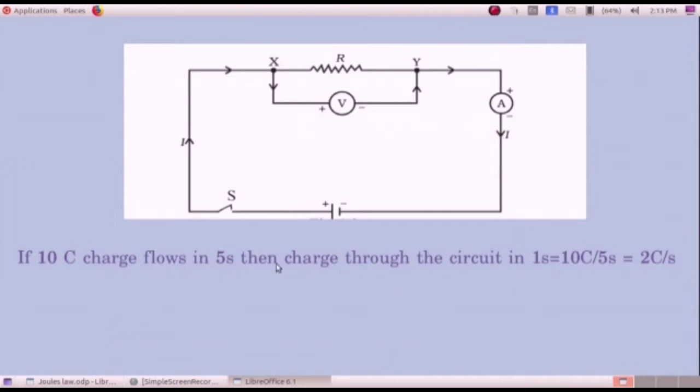Then the charge through the circuit in 1 second can be calculated by dividing 10 coulomb by 5 seconds, total charge by total time. We get the charge flowing through the circuit in 1 second, and here it is 2 coulomb per second.